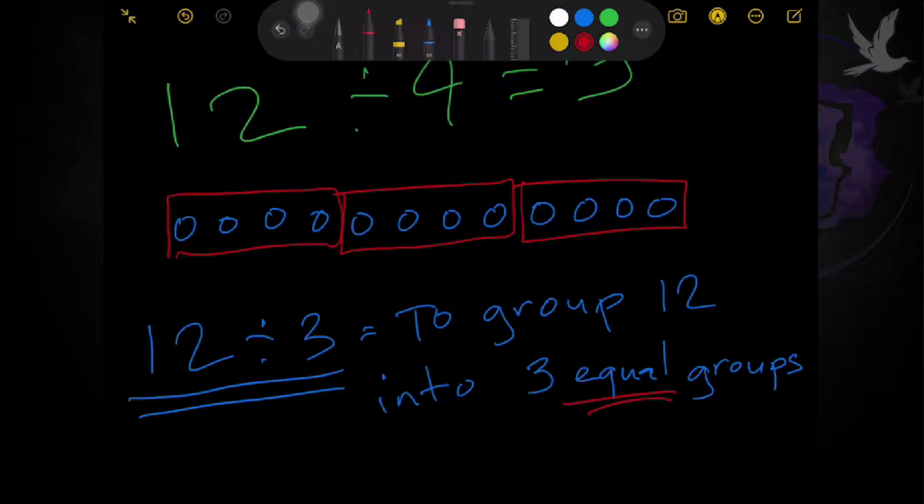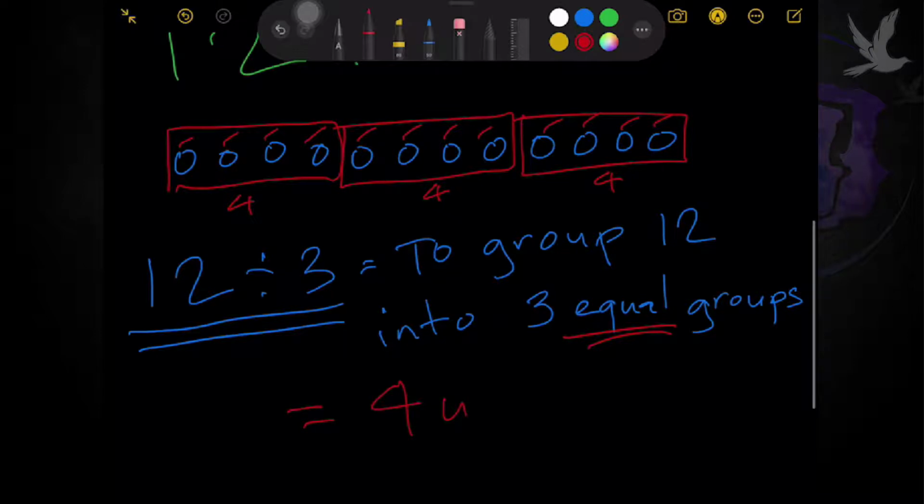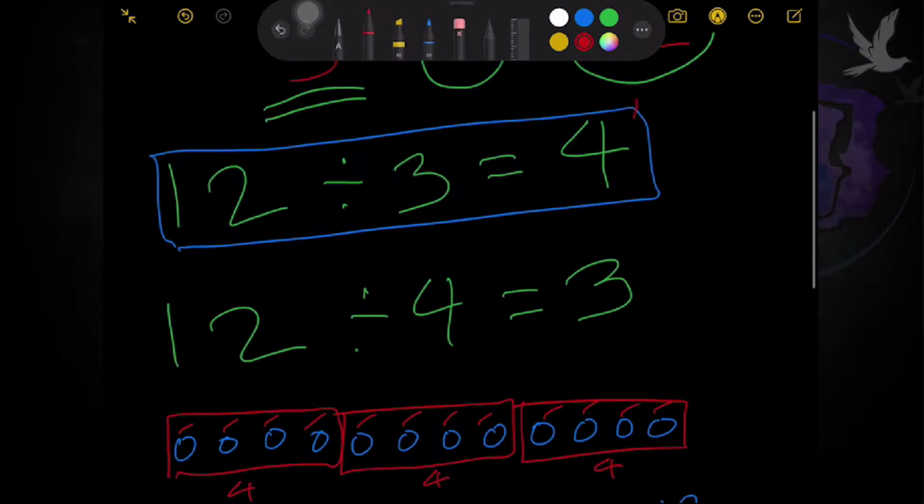Let's try to count how many units there are inside. 1, 2, 3, 4. 1, 2, 3, 4. 1, 2, 3, 4. So we have 4 units for each group. So which means 12 divided by 3, or to group 12 into 3 equal groups, in this case, we have 4 units each, which gave us the answer here. Okay? That's the logic of division.